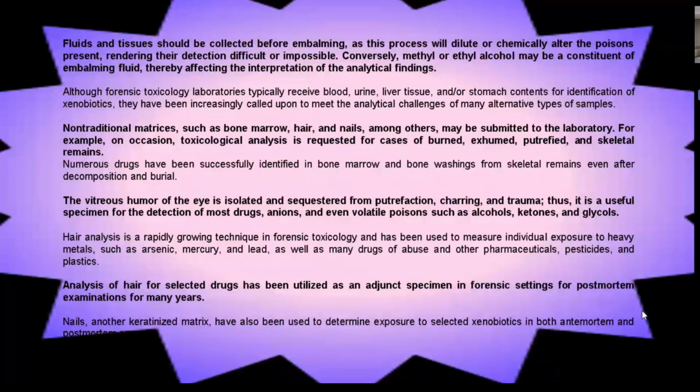Mostly it is useful for volatile poison detection, like alcohols, ketones or glycols. Here, as I have talked, it is mainly for heavy metals like arsenic, mercury, lead, they get deposited. Also, many times some pharmaceutical drugs, pesticides, and plastics also get deposited, and they can be analyzed, and we can see that this type of toxicity has occurred.